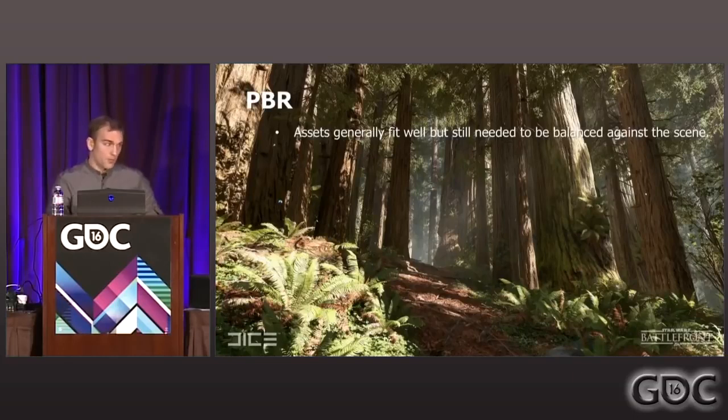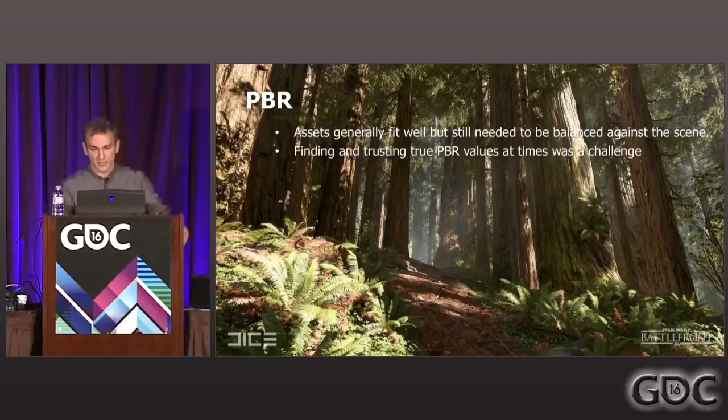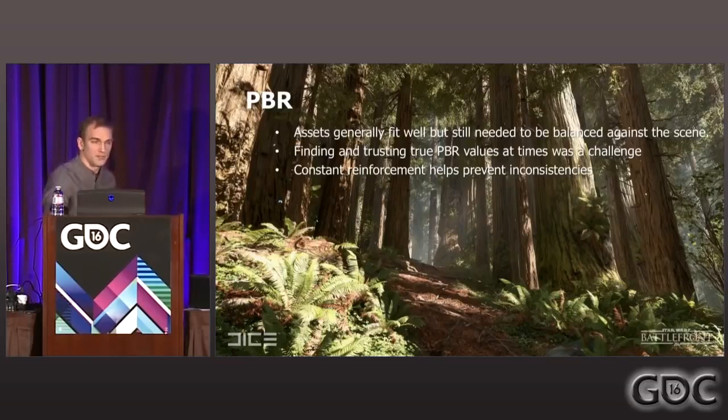So the benefits that we got from PBR were that assets fit together. That's the whole point of a physically based render. But they do still need to be balanced from an artistic direction against the scene. And finding true PBR values, because it's physically based, it's not 100% physically accurate, can be difficult at times, especially with things like blacks. So we found that it was really important to constantly reinforce the knowledge and the way of working within the PBR environment so that the results were consistent during the course of the project.